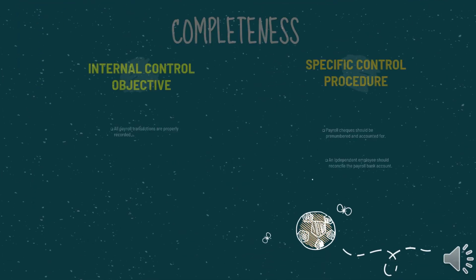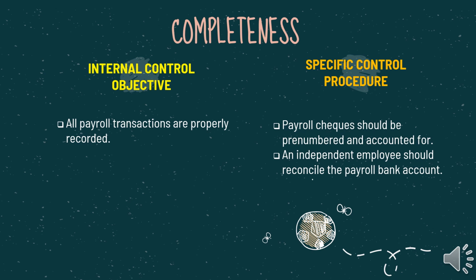The second objective of internal control is completeness. All payroll transactions are properly recorded. The specific control procedures are: payroll checks should be pre-numbered and accounted for. Second, an independent employee should reconcile the payroll bank account.